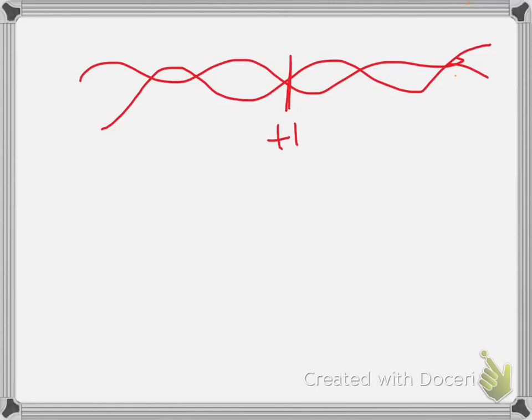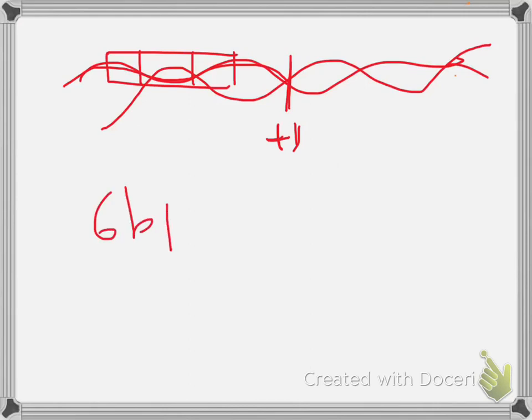To start the transcription, the RNA polymerase scans and recognizes the promoter site, which is upstream of the +1 site, and in that promoter site there will be 6 base pair sequences. The first one is the -10 sequence or box, and the second one is the -35 sequence.